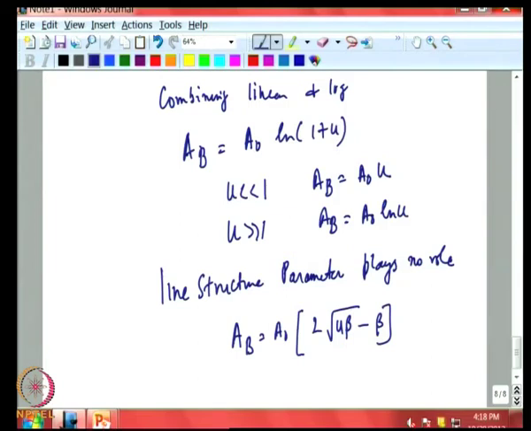Now, how do we use this concept of band absorptance in real examples?